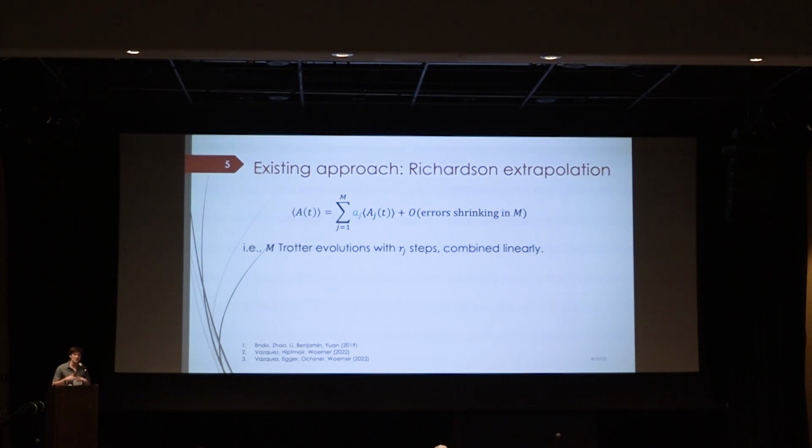Imagine that's the observable time evolved by a Trotter evolution in a certain number of steps, which is variable. The key point here is we're varying the number of Trotter steps we're using across our different experiments. So we label that by A sub j, and of course that's going to be an approximation to the actual one, but it won't be exact. There'll be some algorithmic error. And it turns out through clever choice of your coefficients, A sub j, you can get even more accurate formulas. And the idea is you're extrapolating to the limit of an infinite number of Trotter steps.